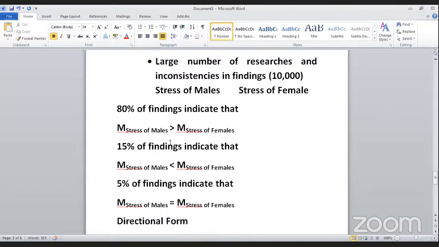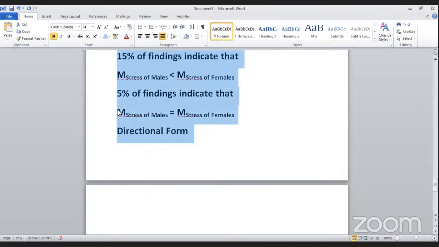And the direction is that the mean score of stress of male is significantly higher than that of females. That's what should be your hypothesis on the basis of this. But suppose I'm taking another situation.